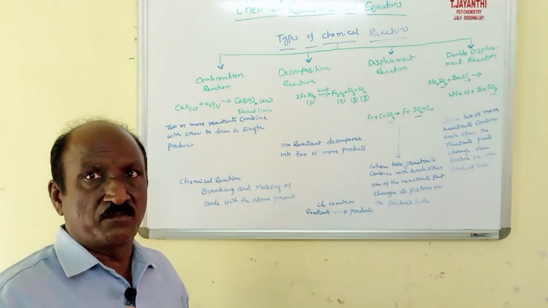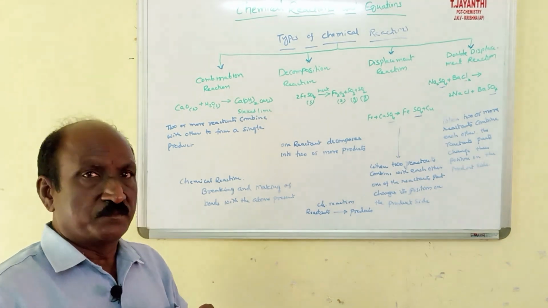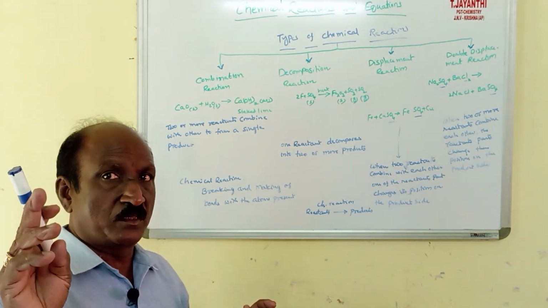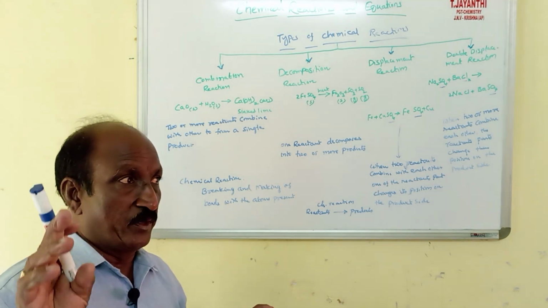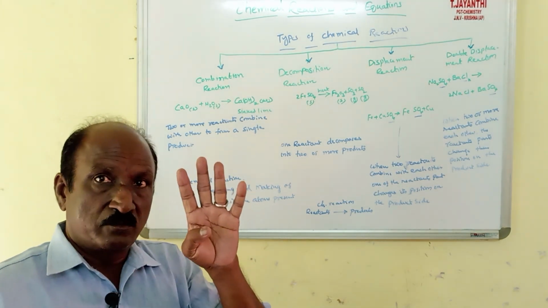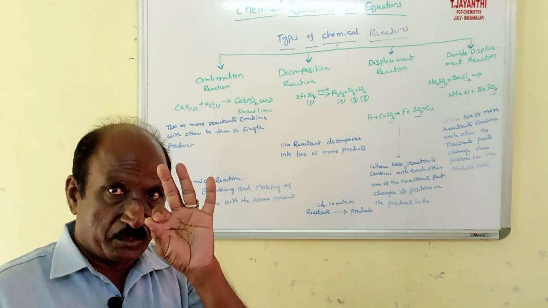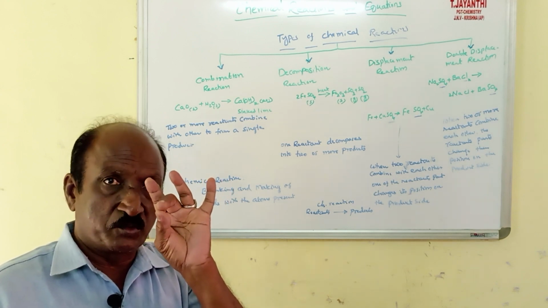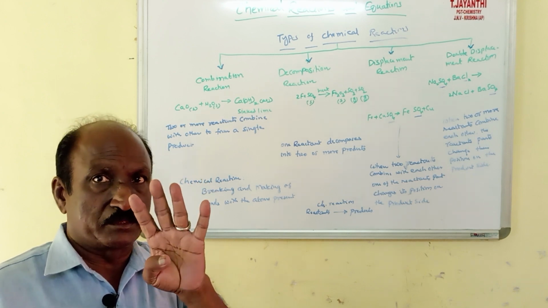I think it is clear for you now. You got it? So that you try to remember, I'm briefing it. Four types of chemical reactions are there: combination reaction, decomposition reaction, displacement reaction, double displacement reaction.